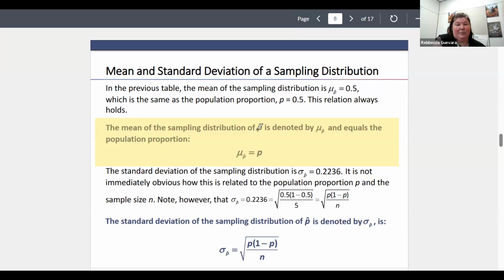So the mean of the sampling distribution of p hat, with all my sample proportions, is denoted by mu subscript p hat and equals the population proportion. So mu sub p hat equals p, the population proportion.